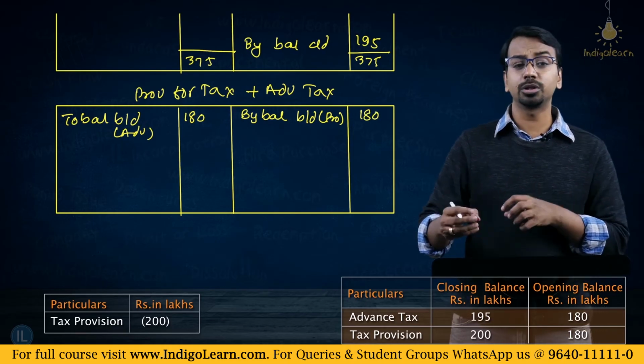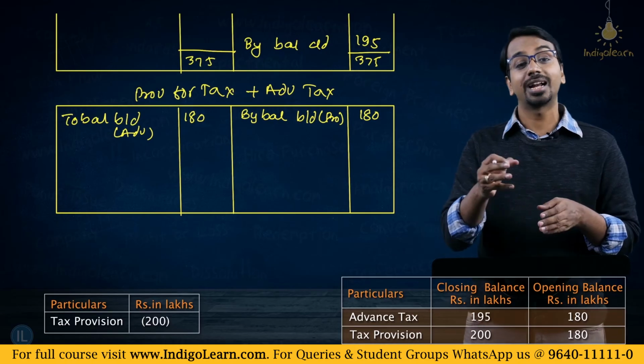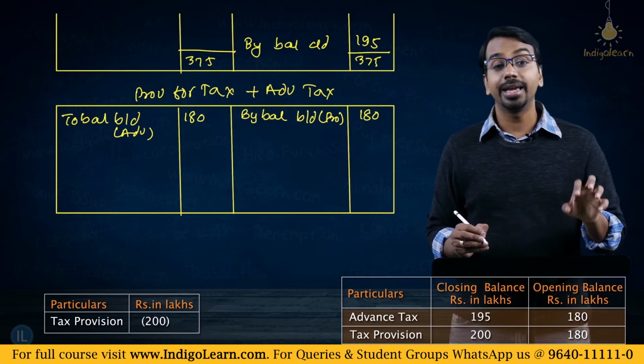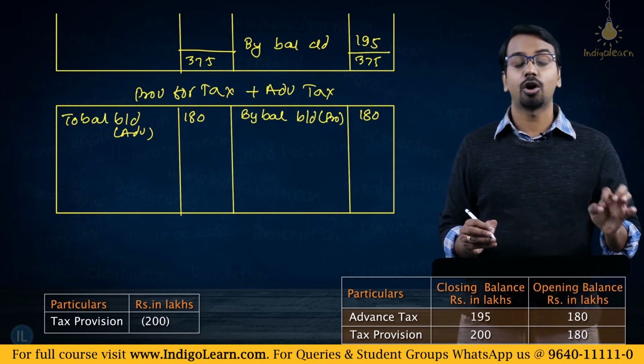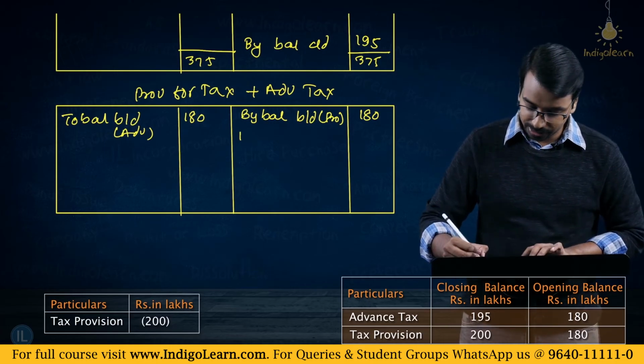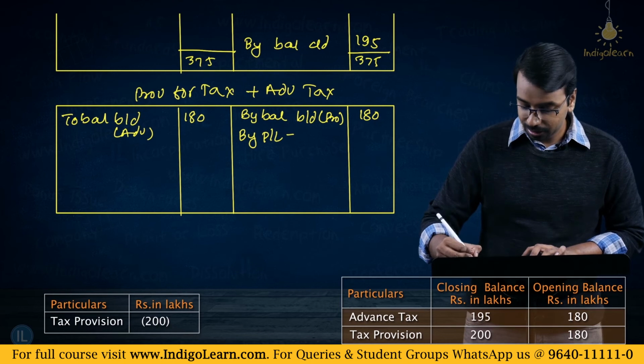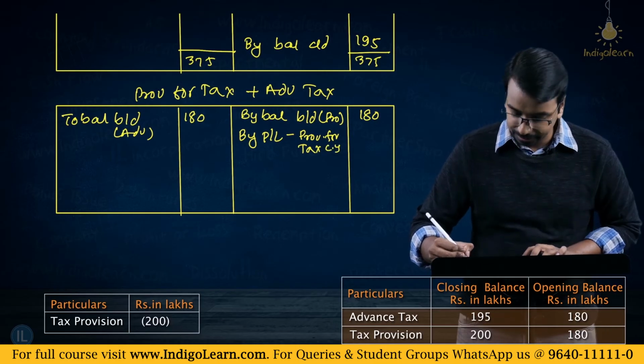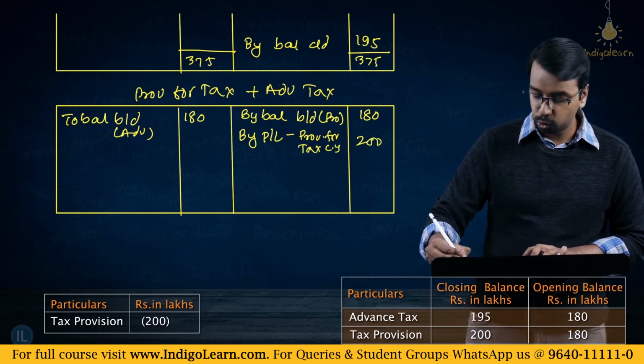Then when I have both of them in the same account, there is no need of transferring from one ledger to another ledger. The second thing that happened is we created a provision for taxation of 200. So you will say by P&L provision for tax of the current year. How much is that? That is 200.